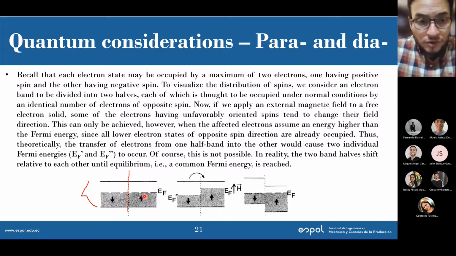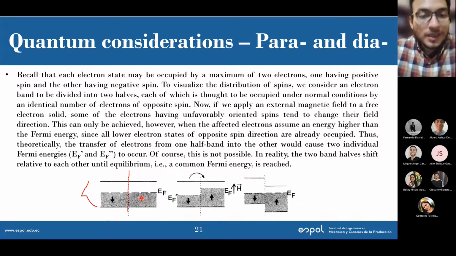Under normal conditions, these two halves will be occupied by the same number of electron spins. So if this has, I don't know, 10 electron spins, well, this should have 10 electron spins. Obviously, the left will be occupied by negative spins and the right by positive spins.